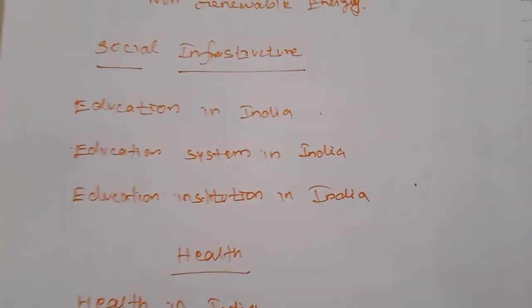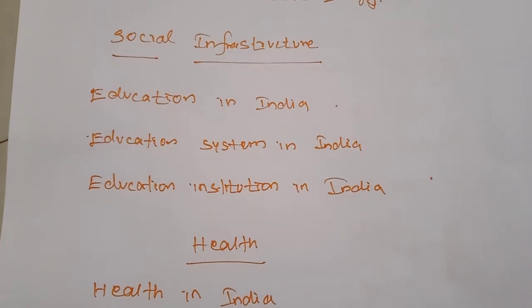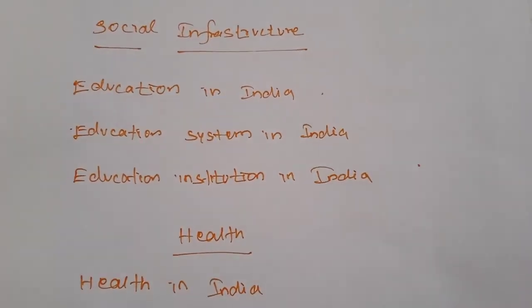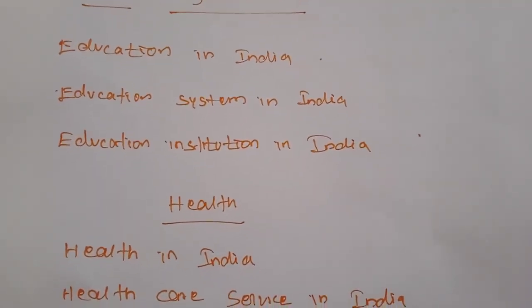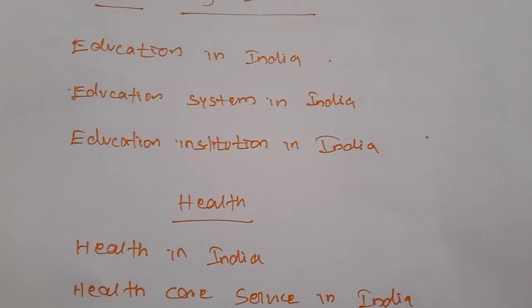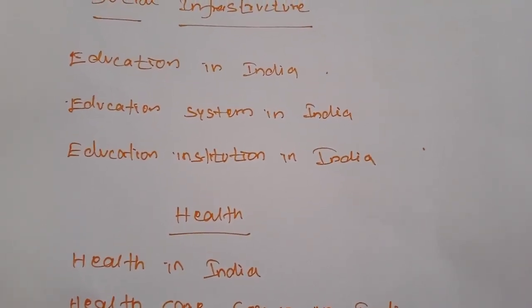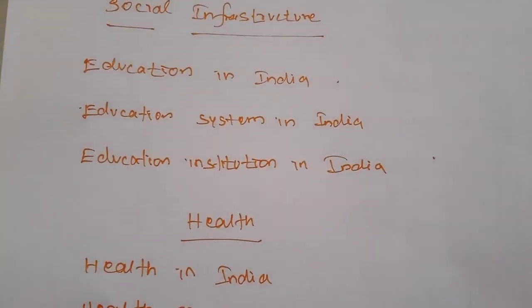The center, represented by the Ministry of Human Resource Development, decides the Indian education budget. The education system in India consists of six levels: nursery class, primary class, secondary level, higher secondary level, graduation and post graduation.